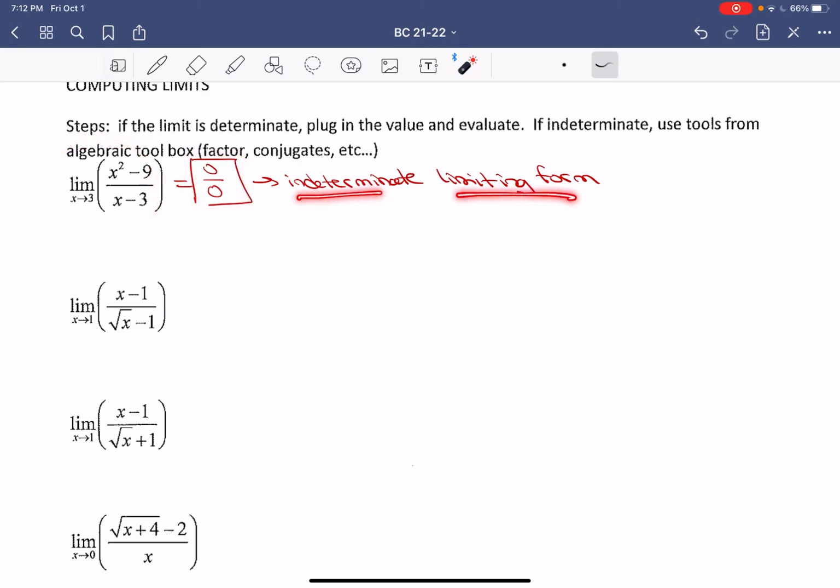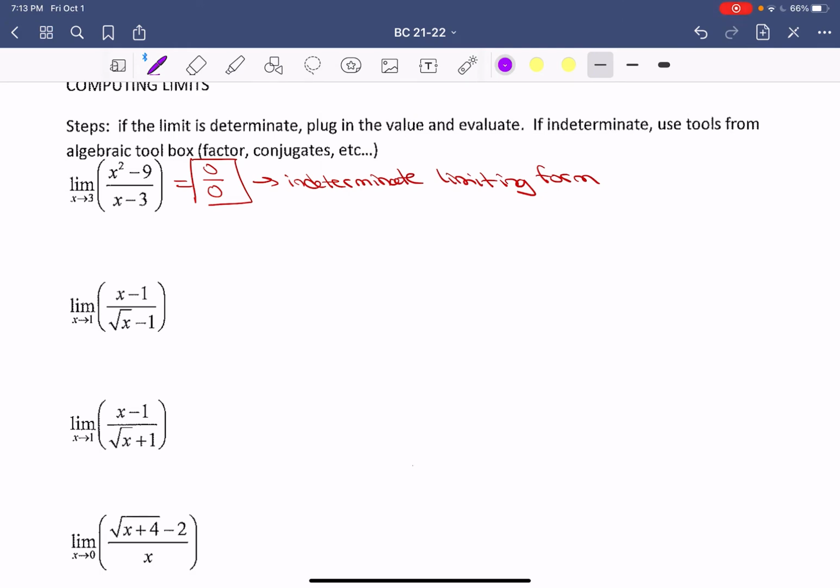It could end up not existing, and it also could end up existing. Indeterminate means that when you've done the plugging in, you can't determine what is happening.